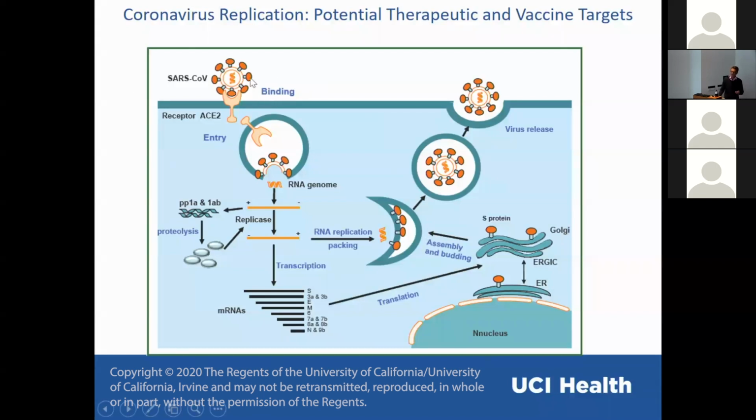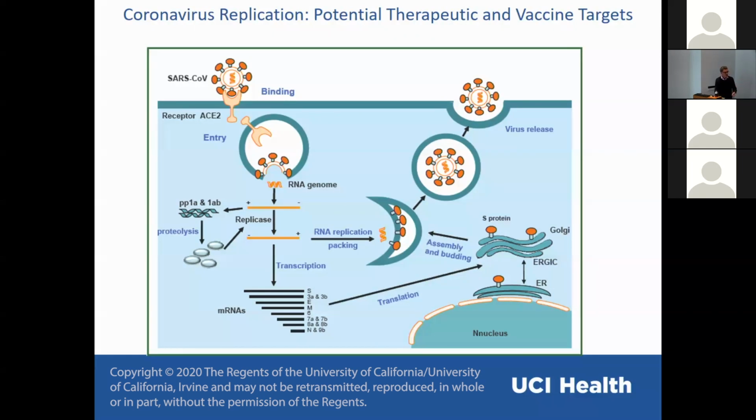And this becomes another key target for drug development. And in fact, one of the drugs that's being tested here at UCI, as well as in many other places, remdesivir, is exactly the kind of drug that inhibits the RNA-dependent RNA polymerase of this virus, as well as a number of other viruses.